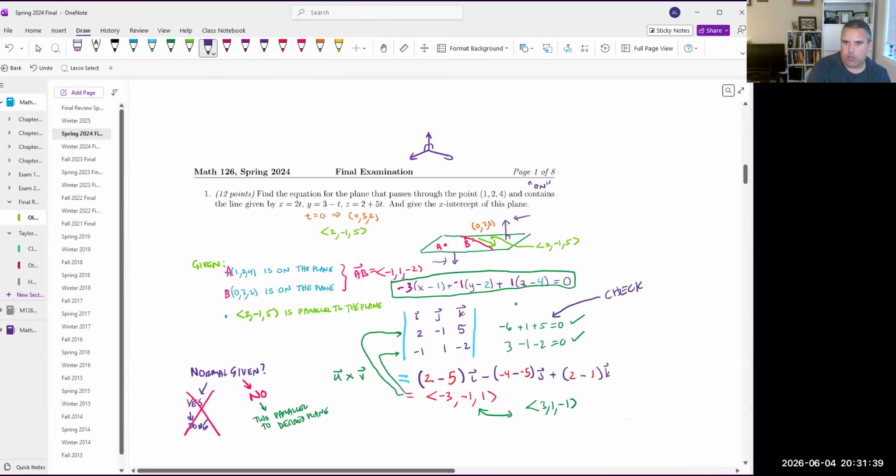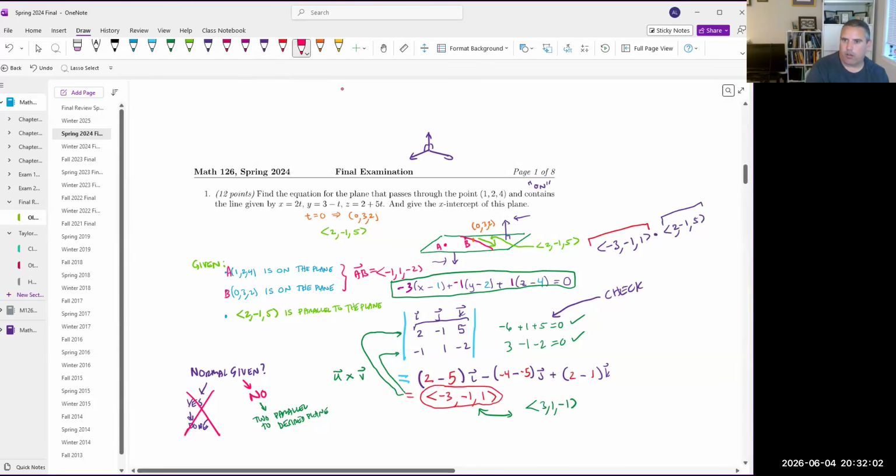And what I was doing was -3, -1, 1, dotted with 2, -1, 5. So this was what I got, and one of my starting vectors.